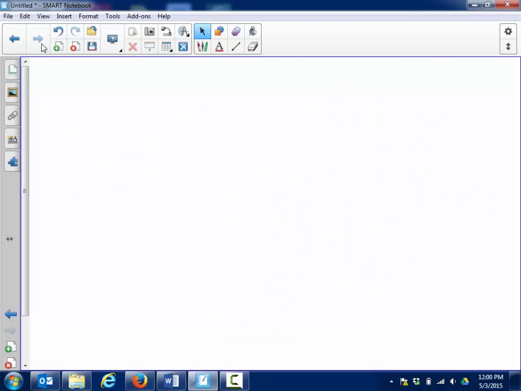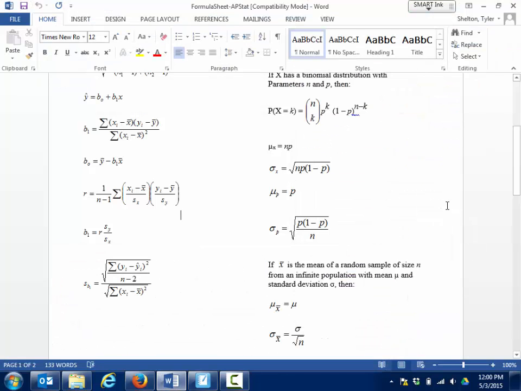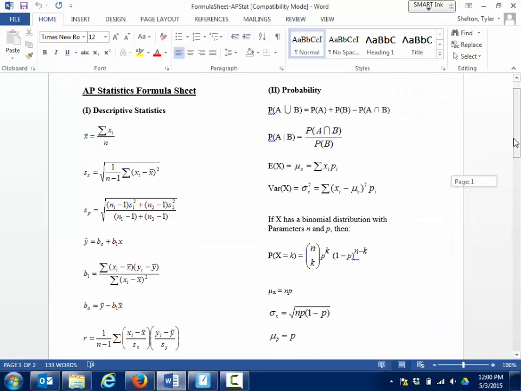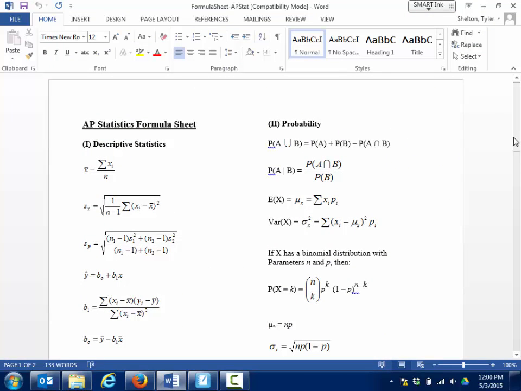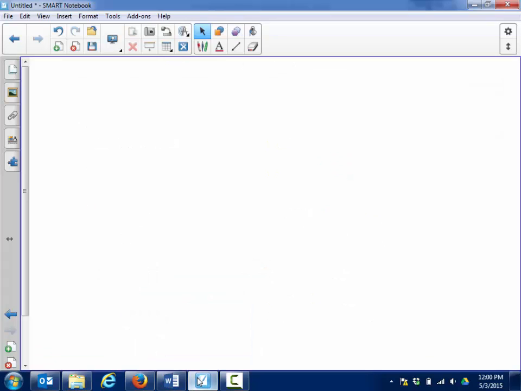Let's go on to slide 2. Let's talk about probability stuff. On the reference sheet, we're going to look at first, second, third, and fourth, all under the probability column. These are important.